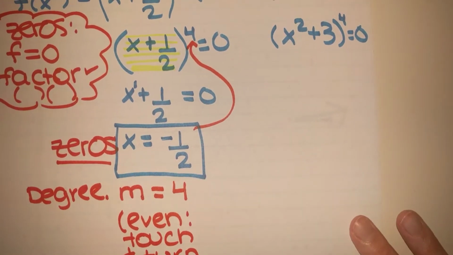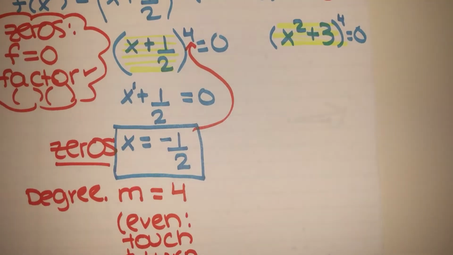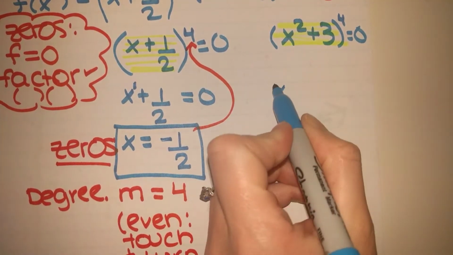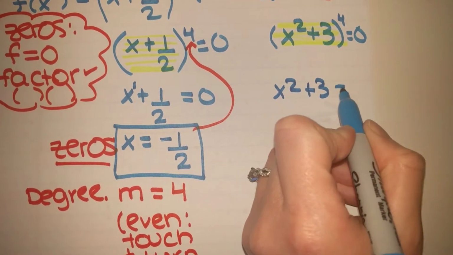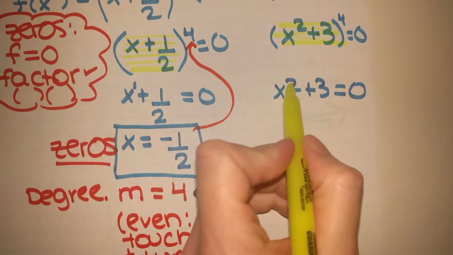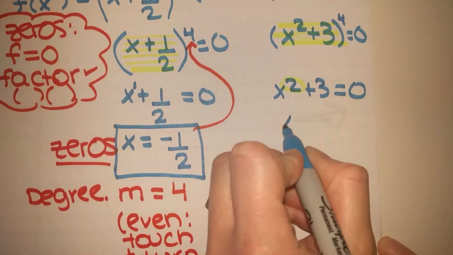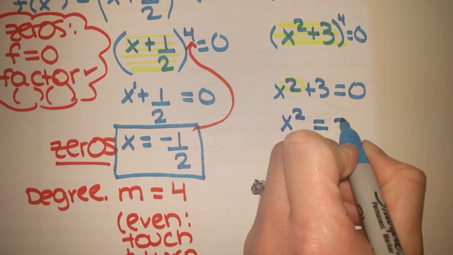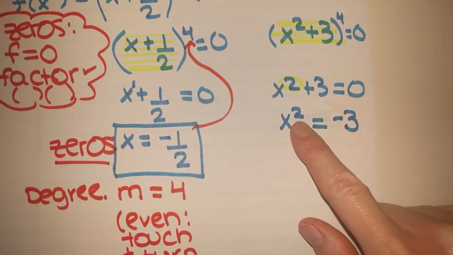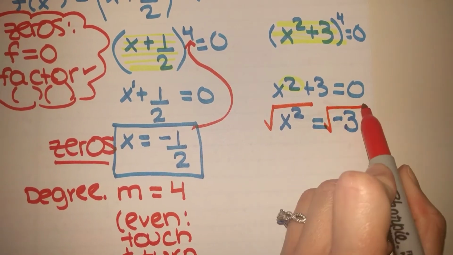Now, if we repeat this procedure for our second factor, we would set x squared plus 3 equal to 0. Now, here, you notice you don't have a linear equation. You have an x squared, so that means we have a quadratic equation. Now, we can start to isolate this x squared by subtracting 3 from both sides. And then to undo that square power, we would need to take the square root of both sides.